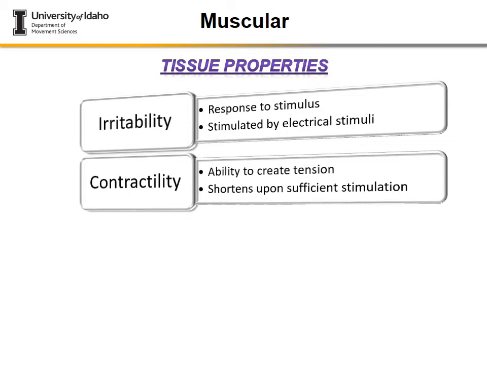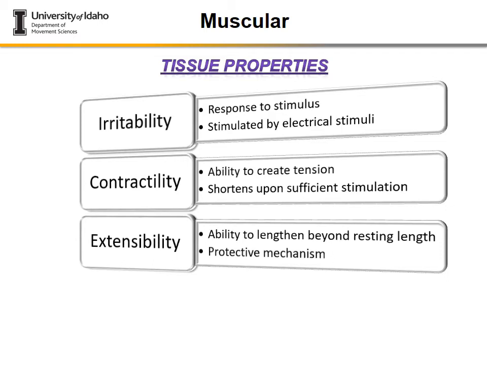So remember, truly the muscle's job is to concentrically contract to generate tension and pull on the skeleton to produce movement. They also have extensibility, which is the ability to extend or lengthen beyond the resting length as a protective measure given their nature. Now, it's important to understand here that the muscle doesn't actively lengthen. Oftentimes, the lengthening occurs because of a concentric contraction of an antagonist muscle, or just through the body going through a motion.